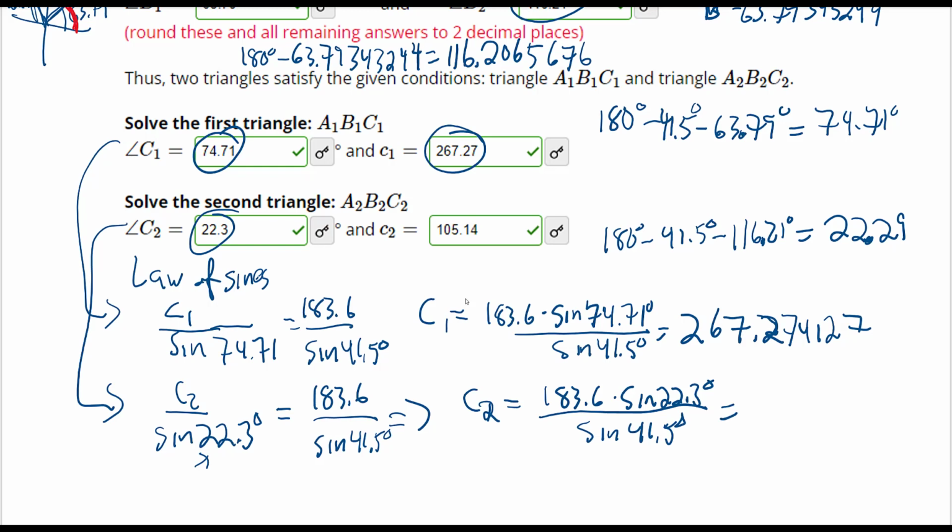So in this case, 22 point, I'm going to say 29 because that's what I had. So I'm going to say this 29.